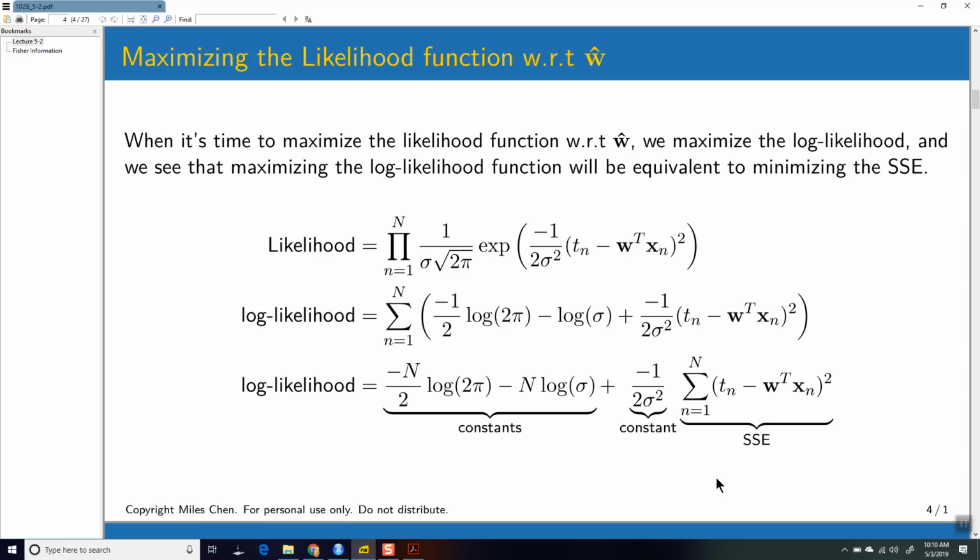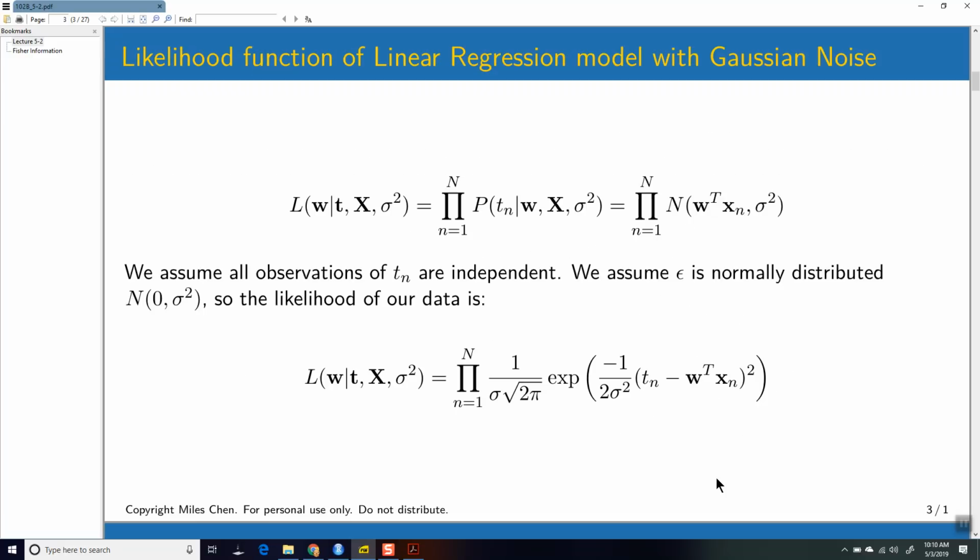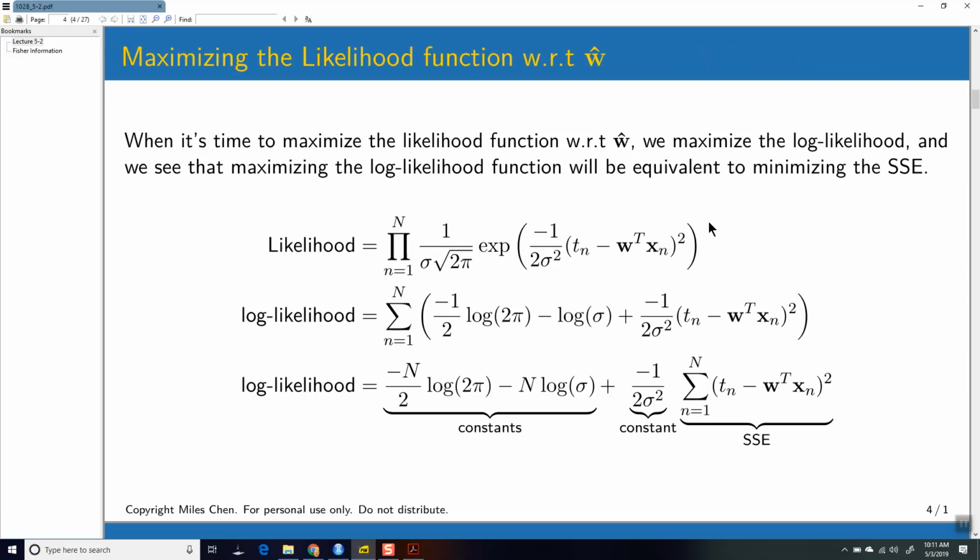And so this part's not all that exciting because we're arriving at the exact same thing that we found earlier, okay? But it is also kind of exciting in that we took a completely different approach. We just said our values are coming from some normal distribution centered at this w times x line, and they have Gaussian noise.